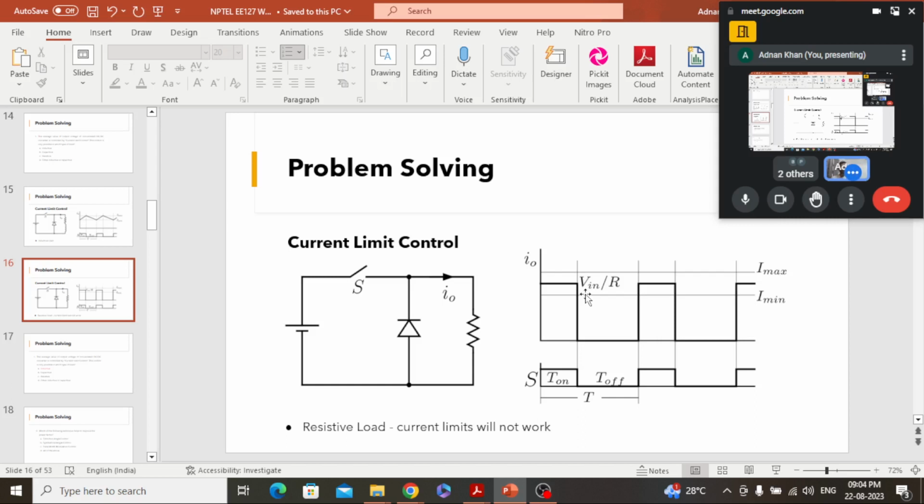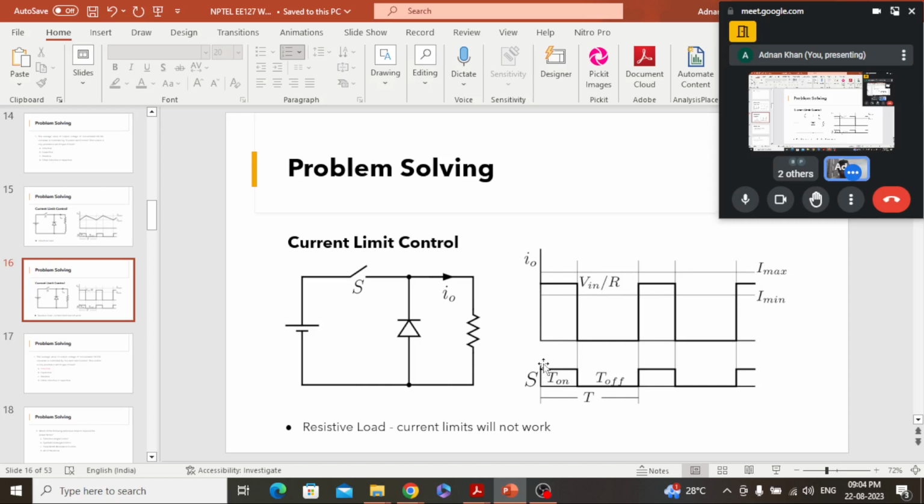Similarly, for a capacitor, the voltage cannot rise immediately, but the current can. If our capacitor is discharged at the instant we turn on the switch, it will have a huge current instead of a gradually rising one, which will touch the peak of this band, and the switch will turn off instantly at the start.